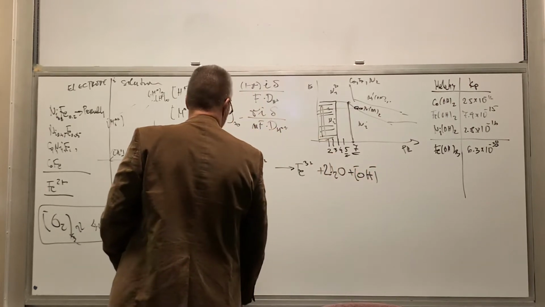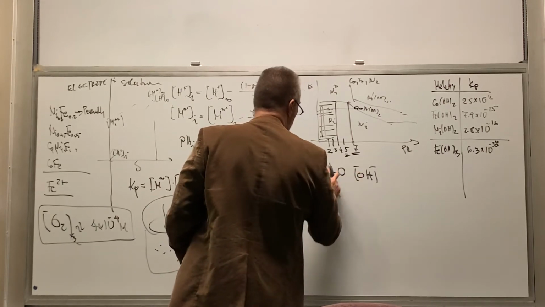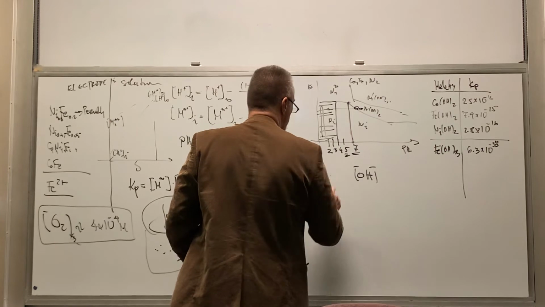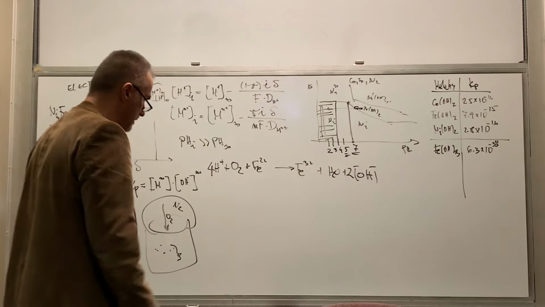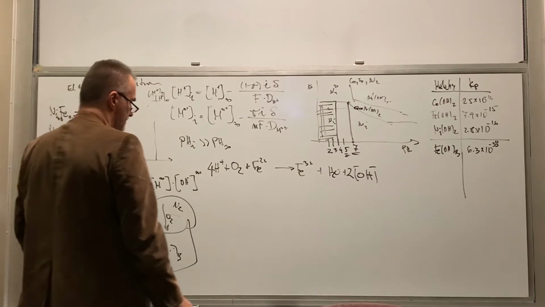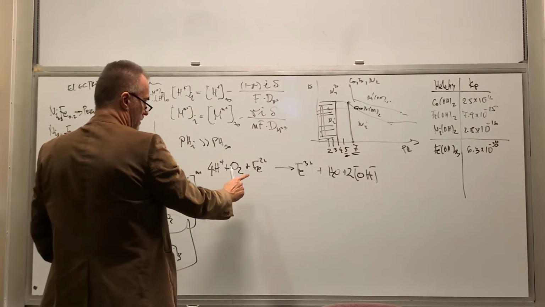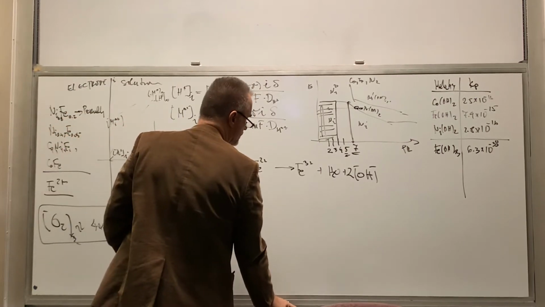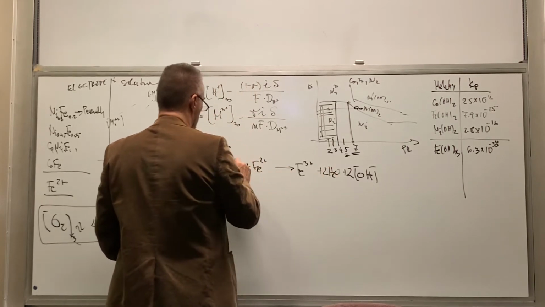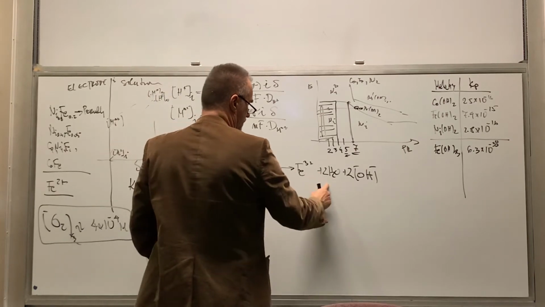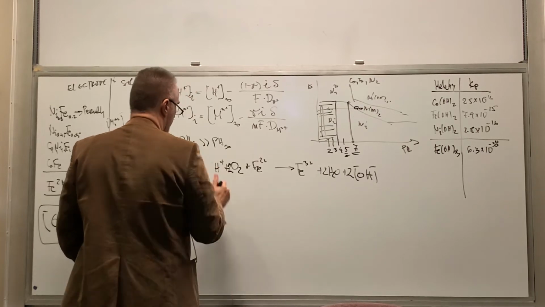Let me see if I'm doing this right. So then 2OH minus. Am I right? Yes. 4, 6, that's 6 here, right?